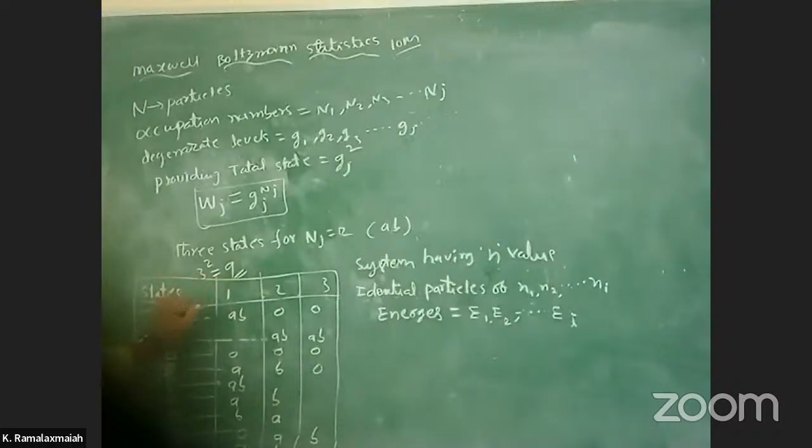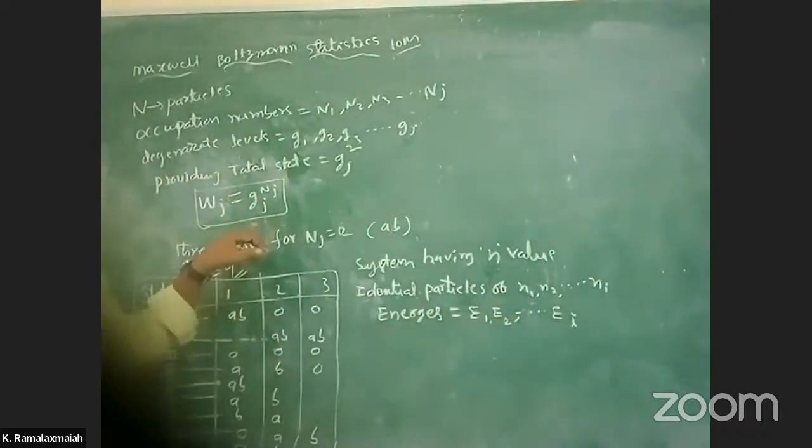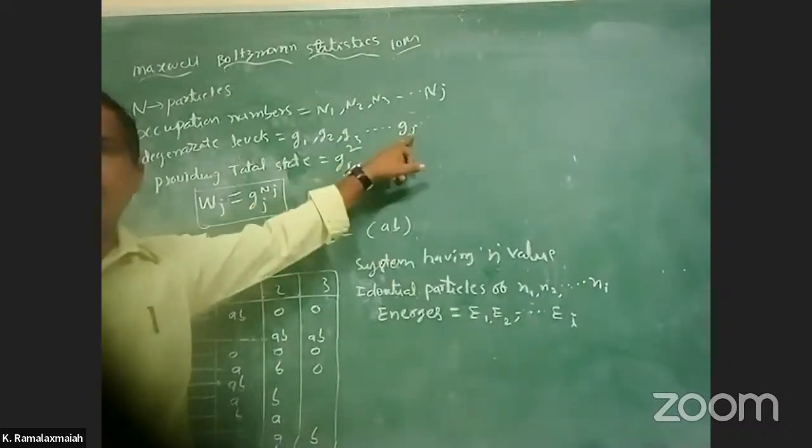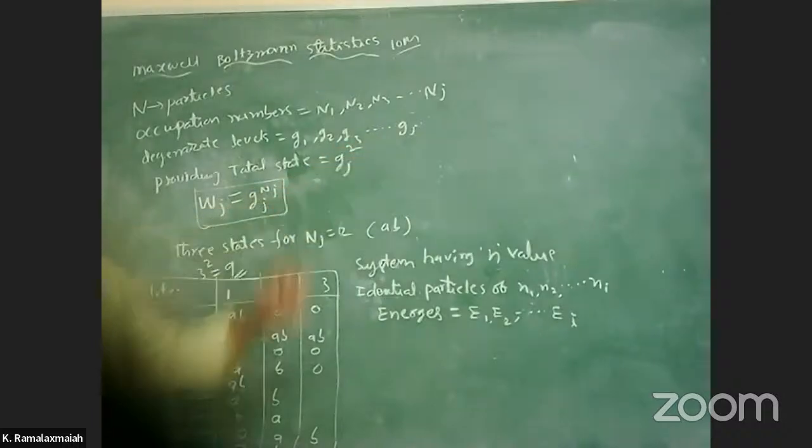Gi is the statistical weight of the quantum group. Gi, which one is the Gi? So Gi here, Gi is the statistical weight of the quantum group.